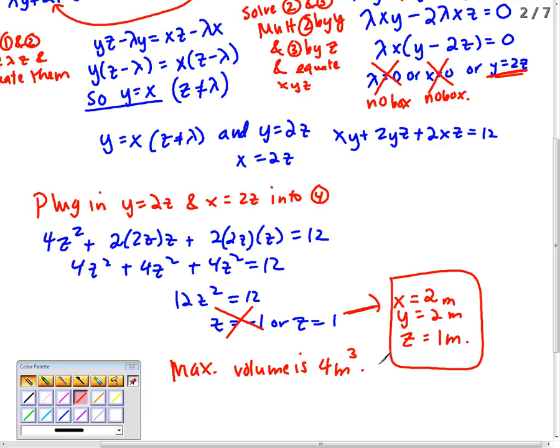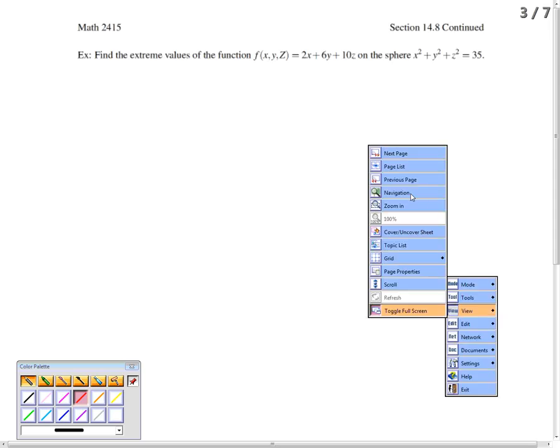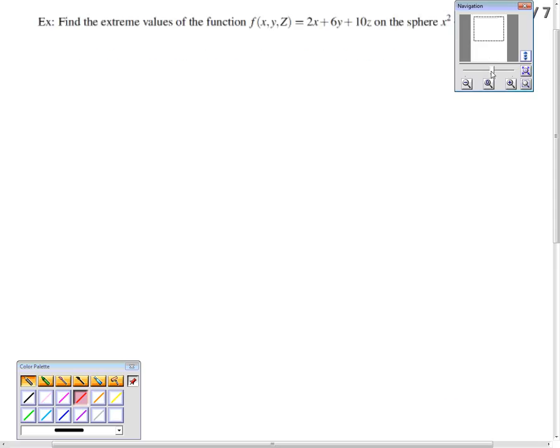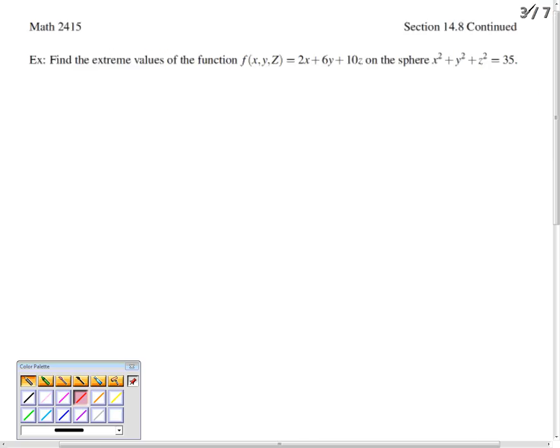Let's set up another one. We may not be able to finish it, but let's just see. Okay, if I can turn the page. I'm going to zoom in a little bit. Okay, read this to me. Find the extreme values of the function f of x, y, z equals 2x plus 6y plus 10z subject to 3x squared plus y squared plus z squared equals 35.